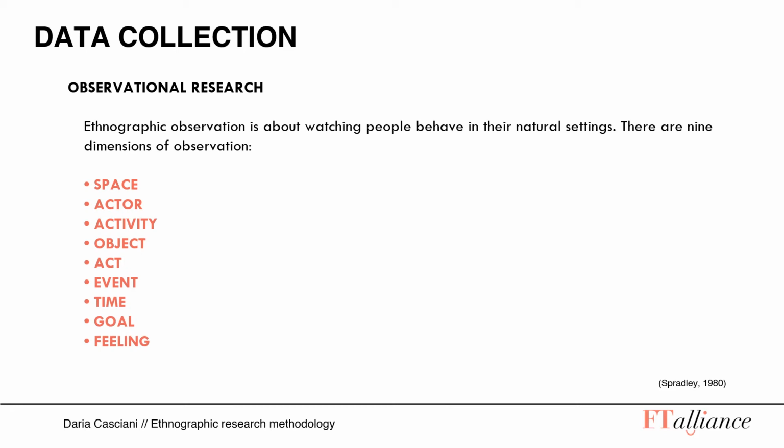Spradley distinguishes between 9 dimensions of observation, which means what should be observed by the ethnographer.